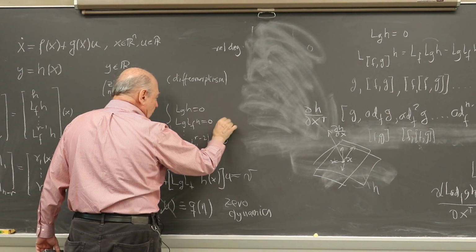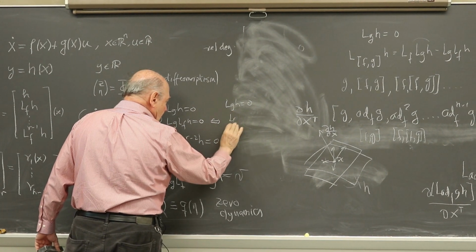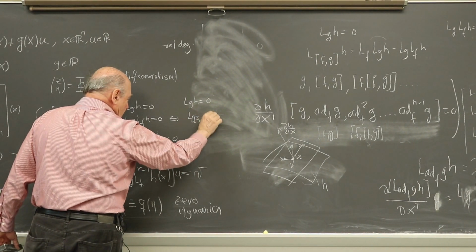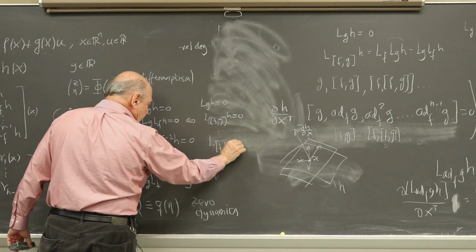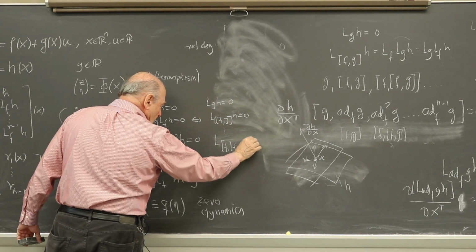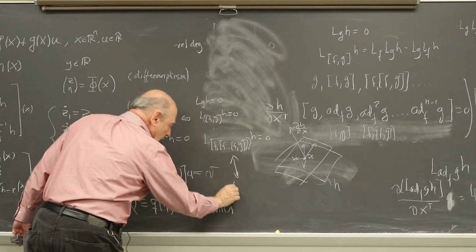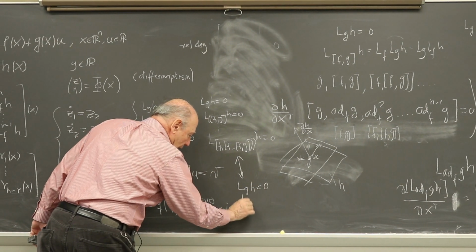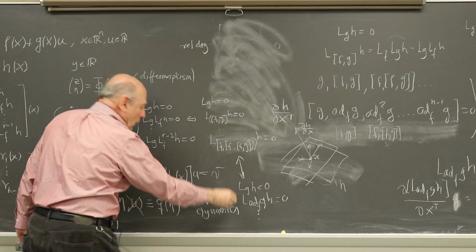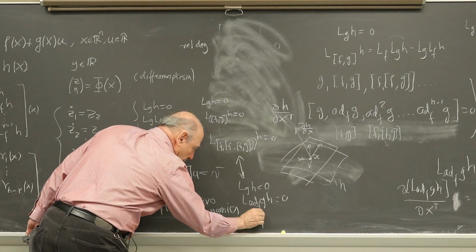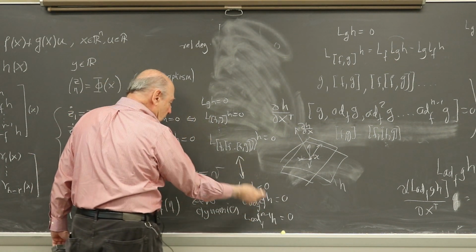But this is completely equivalent to LGH equals 0, L_[F,G] H equals 0, all the way up to L_ad_F^(r-1)G H equals 0. So this is a much cleaner set of conditions.